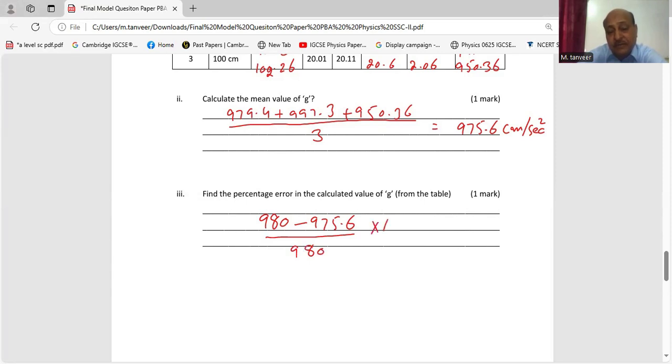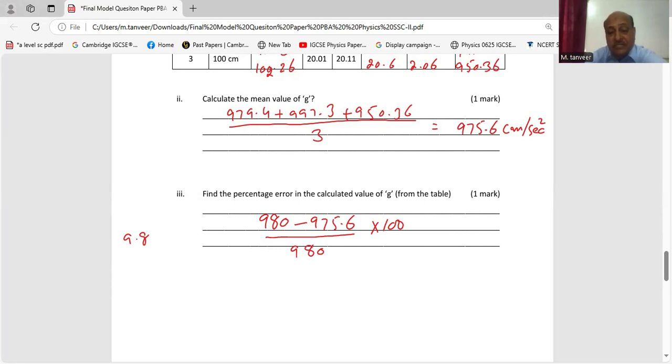Multiplied by 100. Since we are calculating in centimeter, in meter we would write 9.8, but since we are using centimeter, it is 980. So we will subtract it and multiply it by 100.